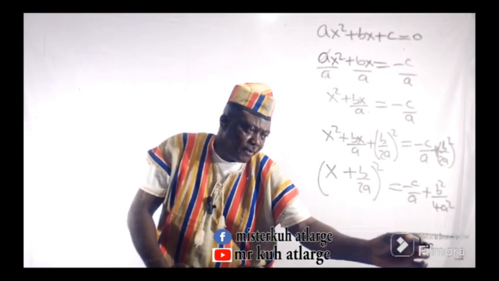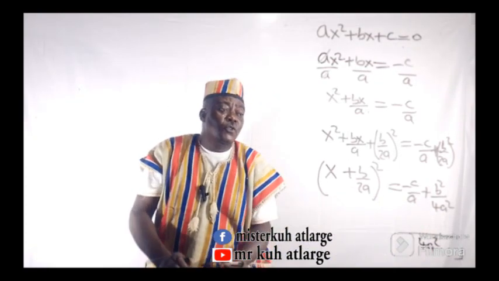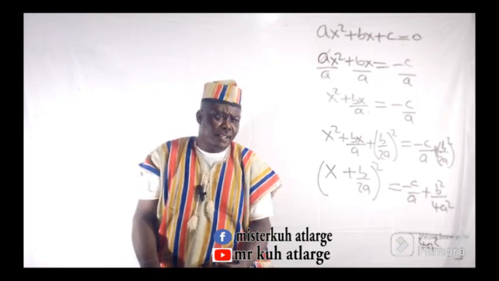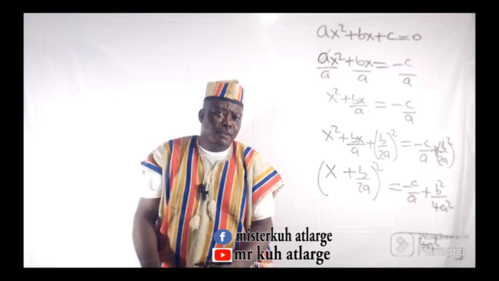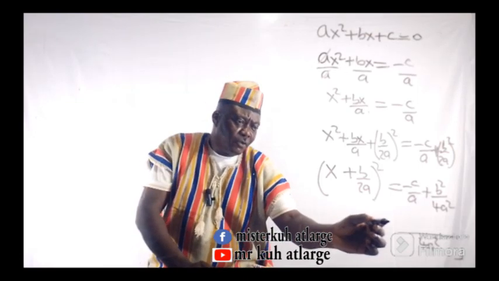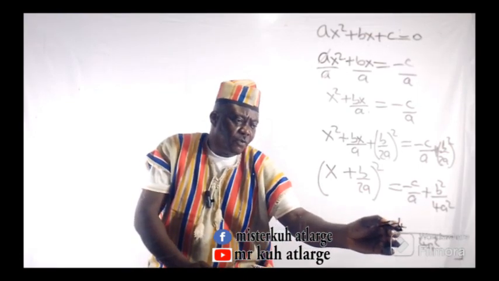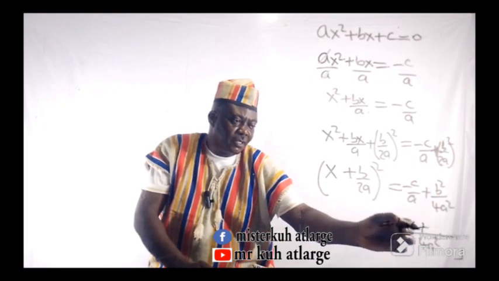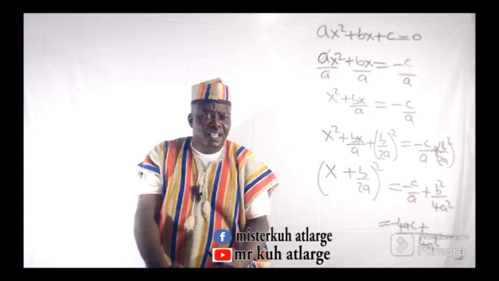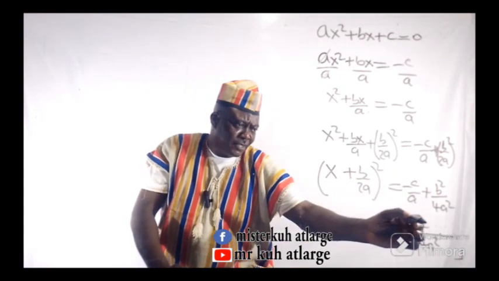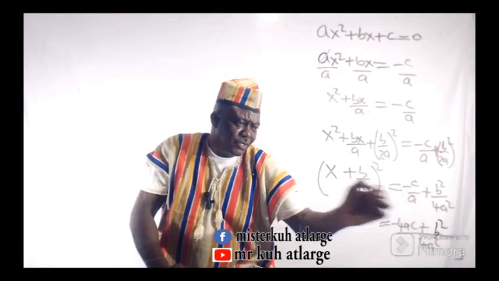So 4a squared into 4a squared is 1, and 4a squared divided by a is 4a. And you multiply 4a by minus c. Of course, you get minus 4ac plus b squared. So you have b squared.